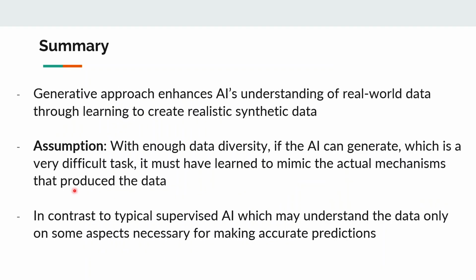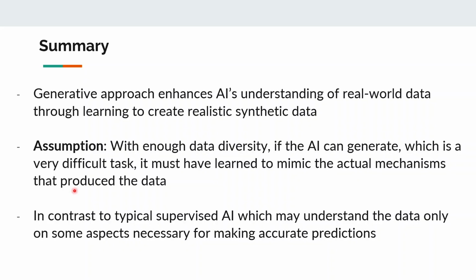Okay, so to summarize, nowadays we have 2 breakthroughs that help us understand complex data and push science forward. The first one is the generative approach. It makes the model understand the distribution of real-world data.